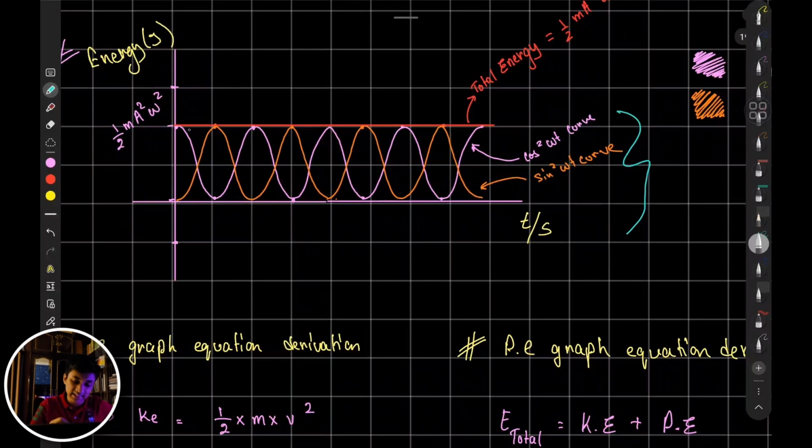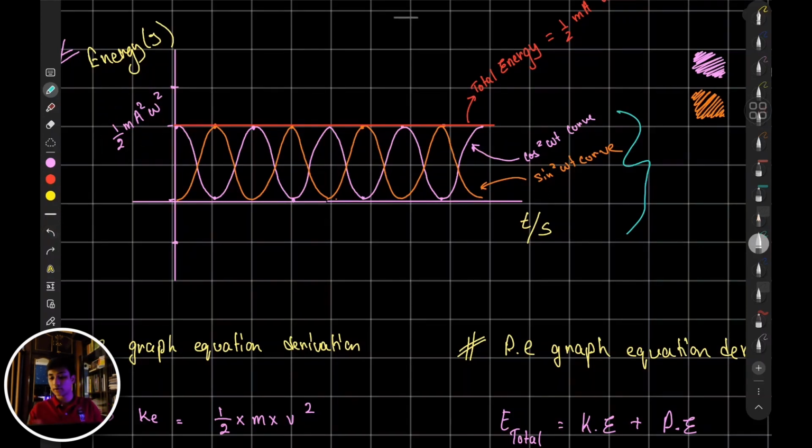If you add kinetic energy over here and potential energy over here, you're going to get this. You're going to get half m a squared omega squared. So add the potential energy and kinetic energy at any given time, and you're going to get the total energy, which is always constant.